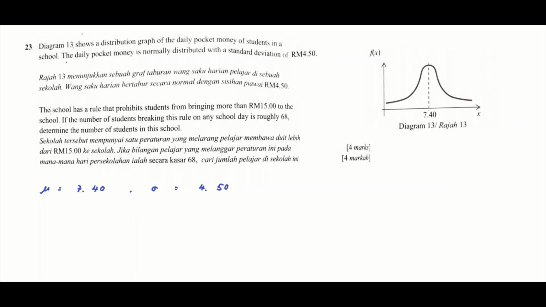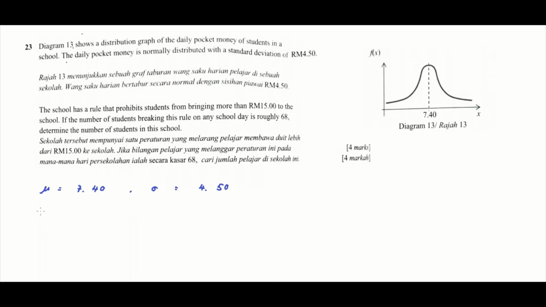The school has a rule that prohibits students from bringing more than 15 ringgit to school. There are 68 students that normally break this rule on any school day. Determine the total students in the school. Before we can find the total number of students, we need to find the probability of the students breaking the rule first.